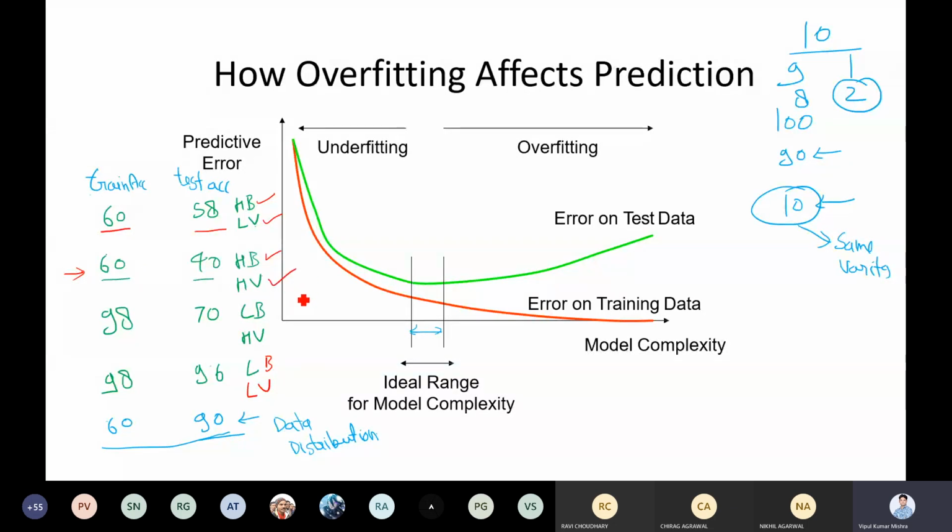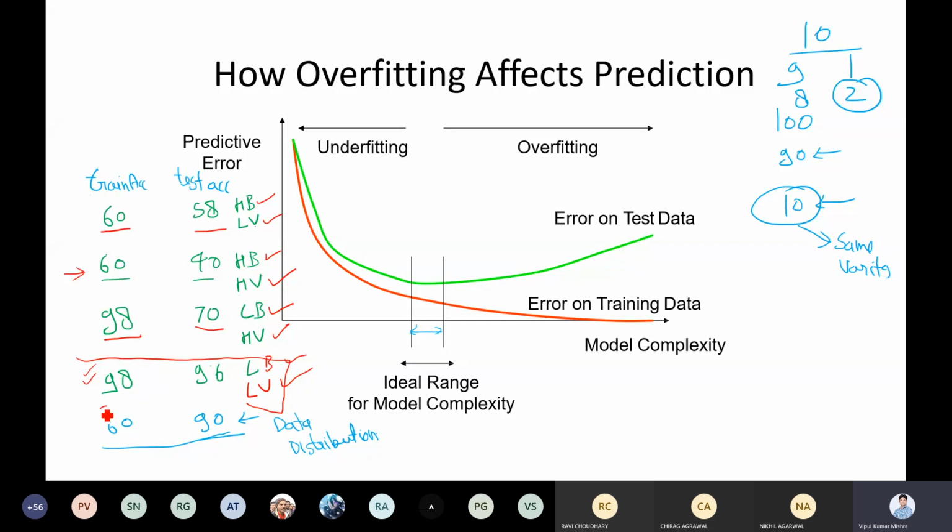Now, if your training accuracy is 98% and your testing accuracy is 70%, these numbers are not fixed, you just have to find the relation. It's low bias but high variance. And what is good? This is the good case, right? What we want: 98% accuracy in the training and 96 or 97% testing accuracy, then it is low bias and low variance.